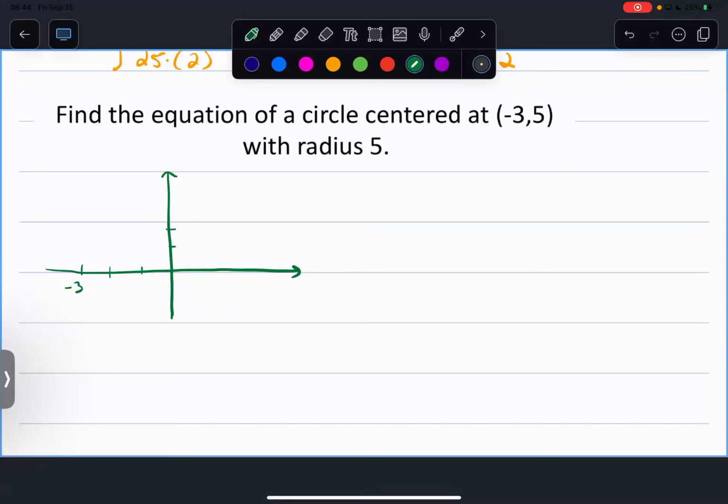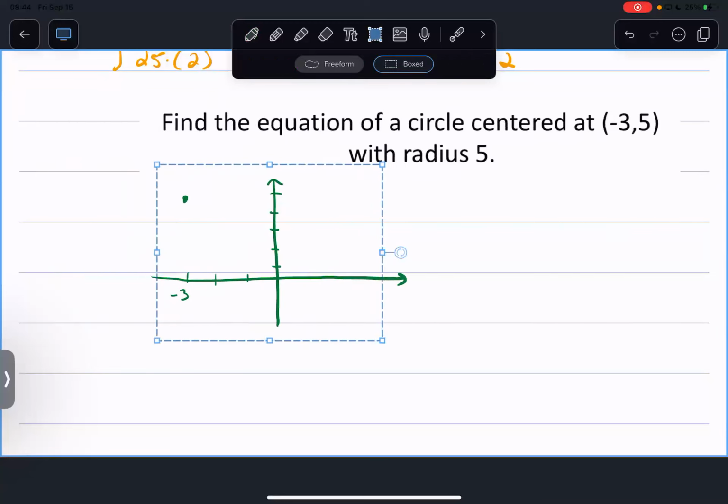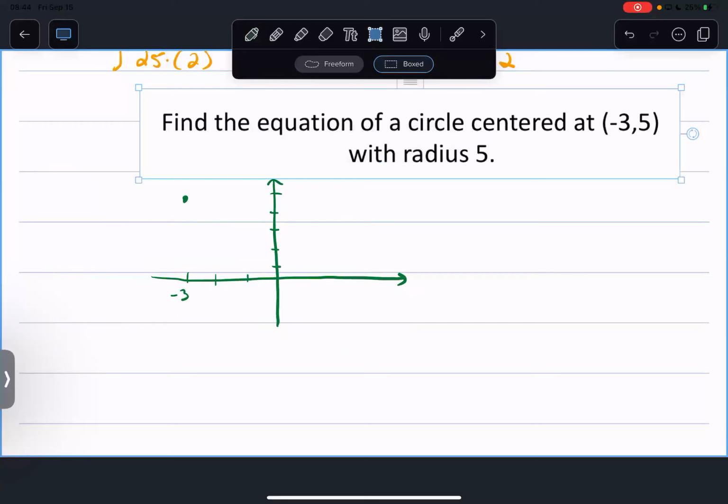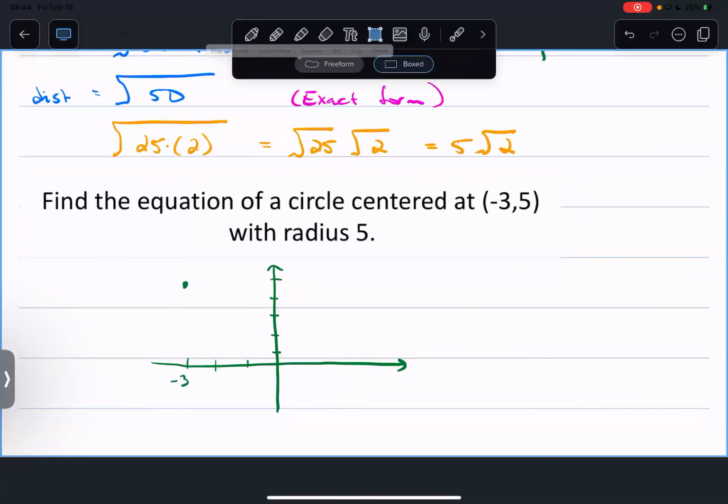Oh, I didn't do a very good job. 1, 2, 3, 4. Because I need a radius of 5, right? And so I'm just going to say that this is not a distance of 5.